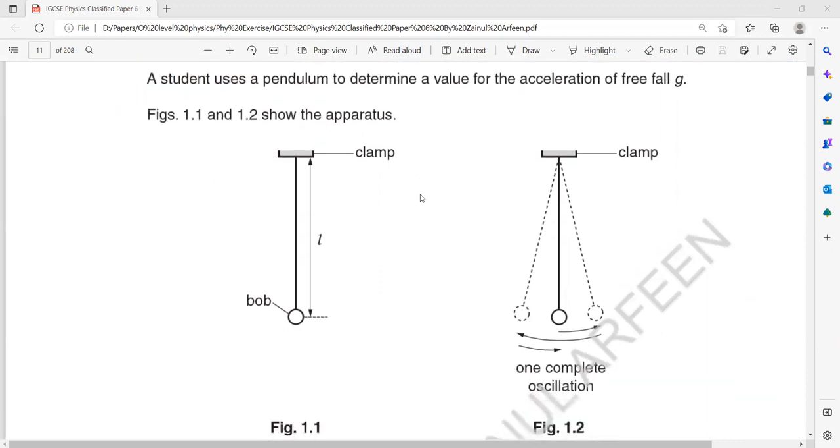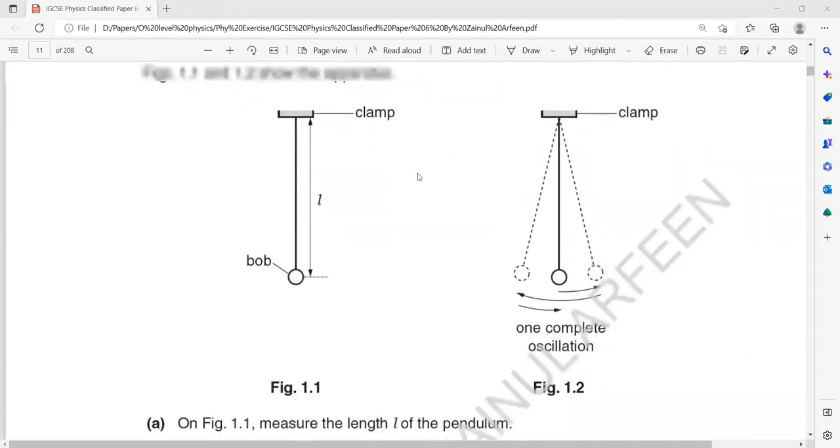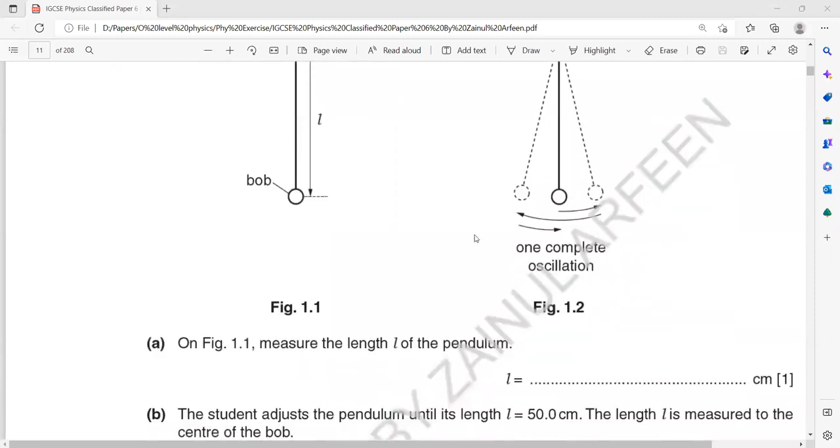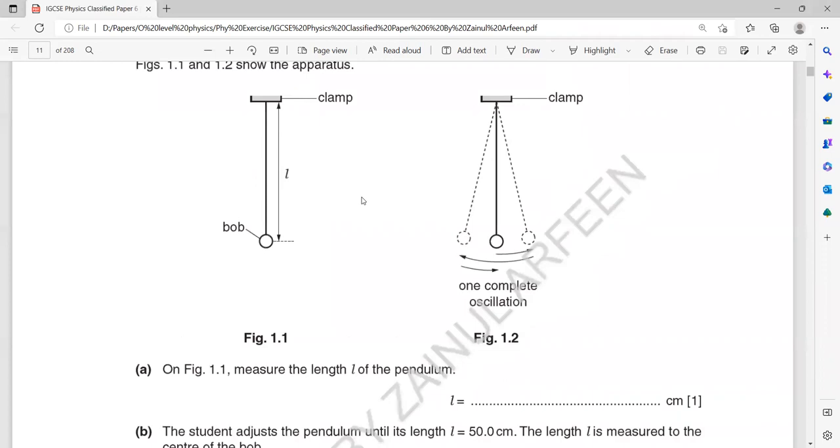A student uses a pendulum to determine the value of acceleration of free fall, or gravity. Figures 1.1 and 1.2 show the apparatus. On the figure, measure the length. So you just use your scale or ruler and measure the length.